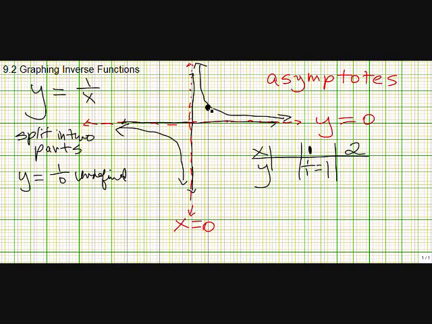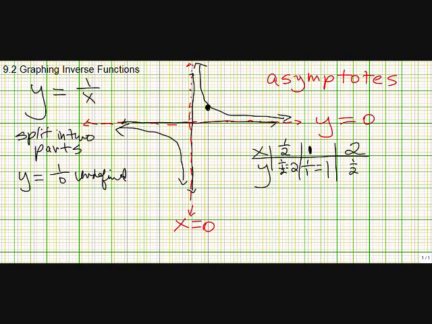And one a little bit left of this locator point, but I don't want to hit the asymptote, so I don't want to go x equals 0, so I'll go x equals 1/2. So let me figure out the y's for those. 1 over 1/2 is 1 times the reciprocal of 1/2, which is 2, so that's 2. And 1 over 2, oh, that's just 1/2. Now I have the 3 points.